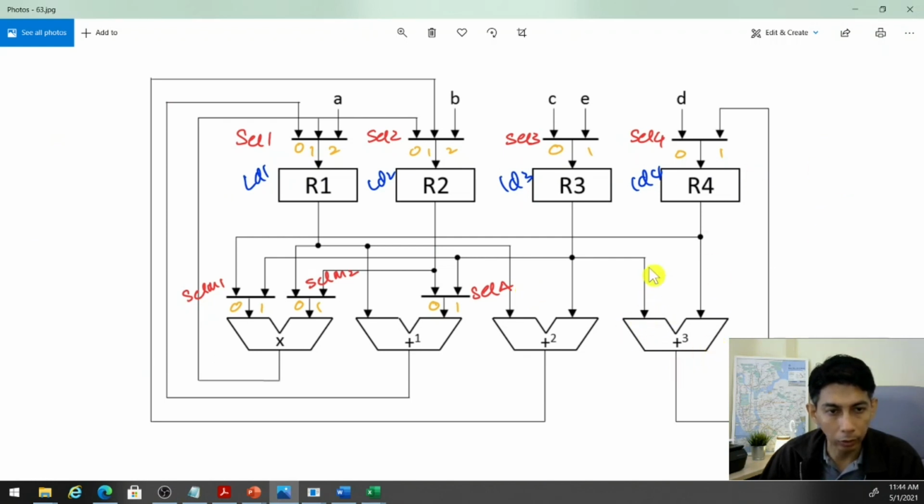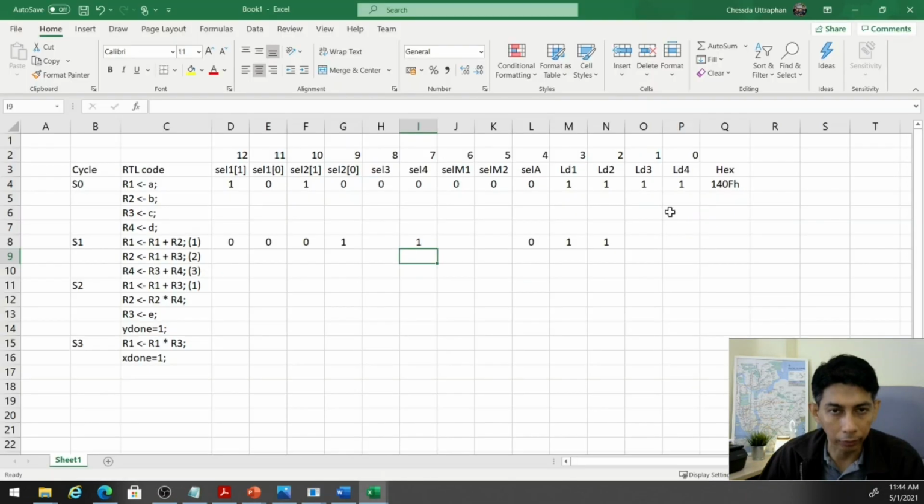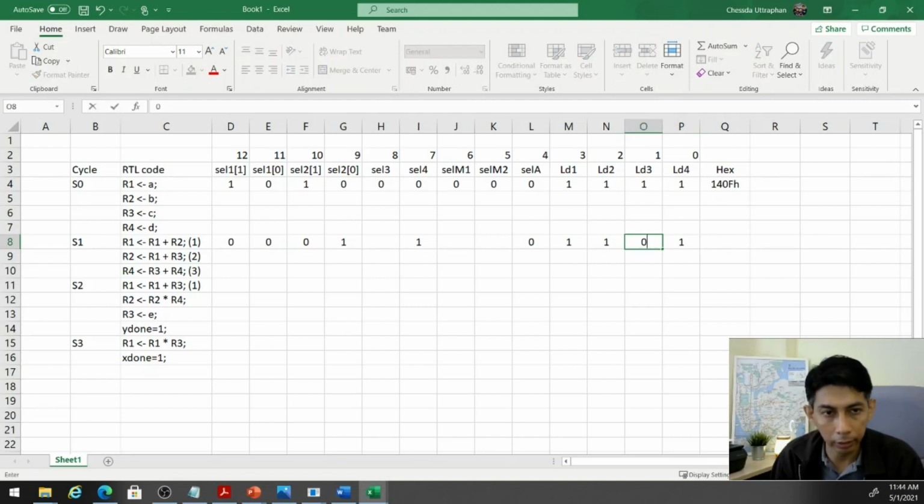And anything here? No. This is already R3 plus R4, and of course LD4 must be equal to 1, and the rest here should be equal to 0.